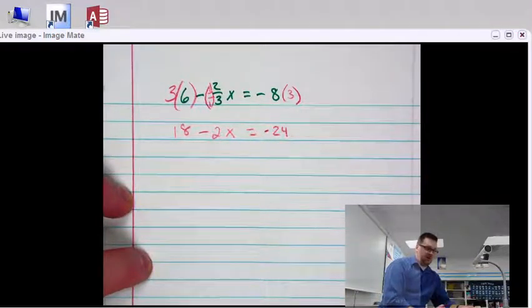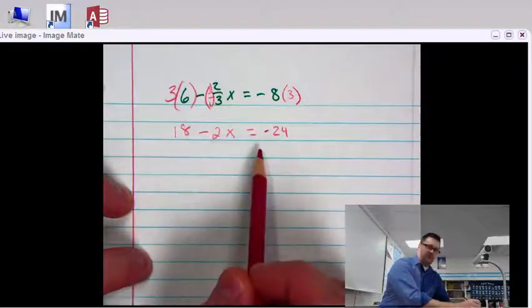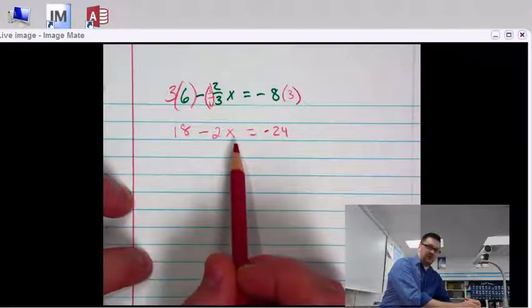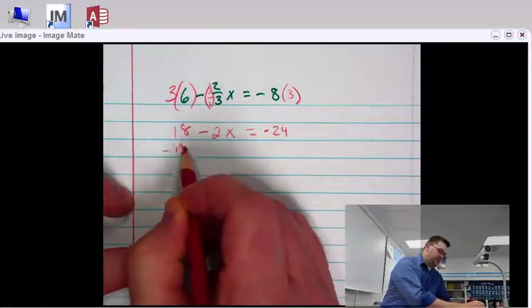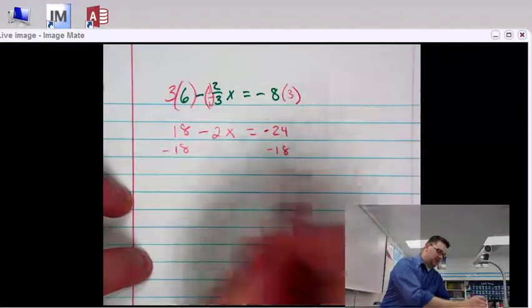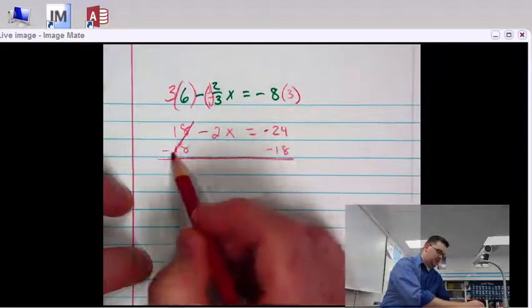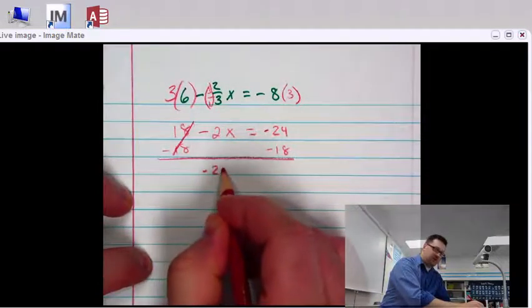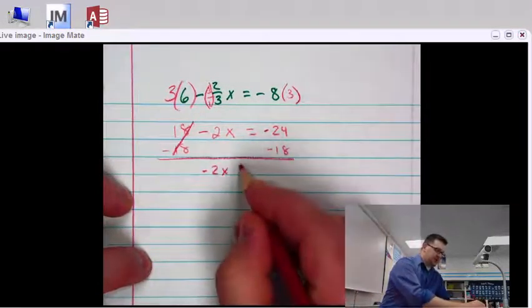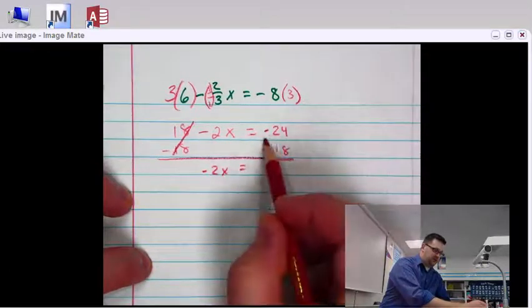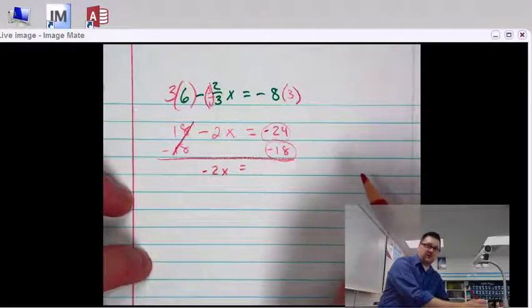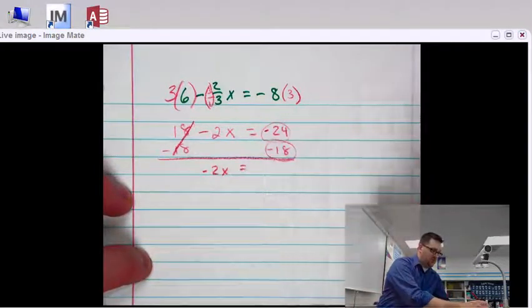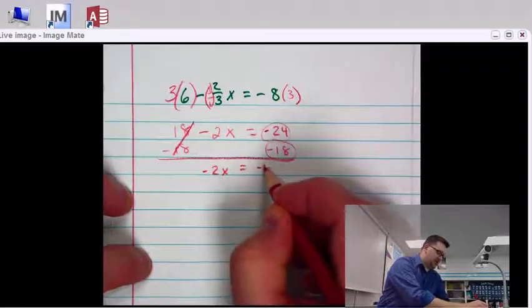And then take a look at what we've got. No more fractions. Now this should be an easy equation to solve. I would just subtract 18 from both sides. Those go to 0, leaving me with -2x. I'll be very careful with this. I have a -24 and a -18, so I'm actually going to add them together, which gives me -42.